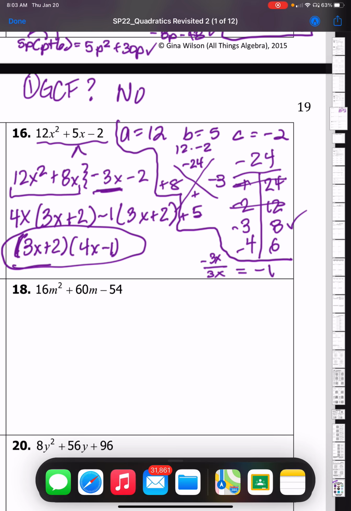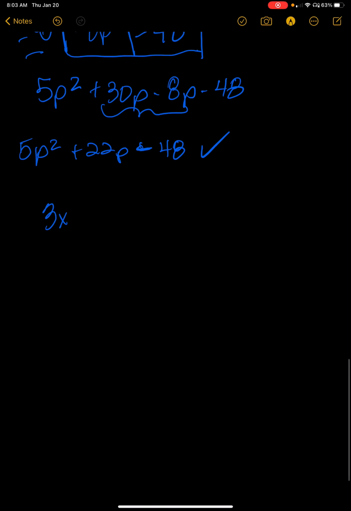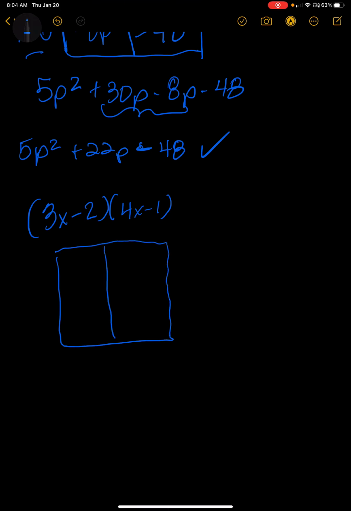So if we go to our scratch paper and check, we've got 3x minus 2 times 4x minus 1, put it in our area model. 3x minus 2, 4x minus 1. 4x times 3x is 12x squared. 4x times a negative 2 is negative 8x.